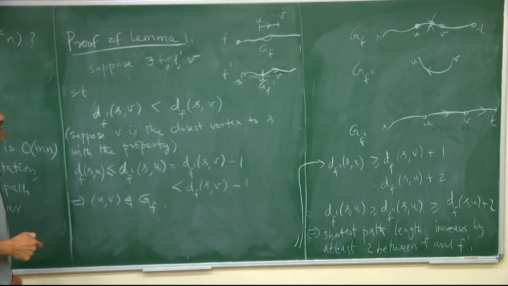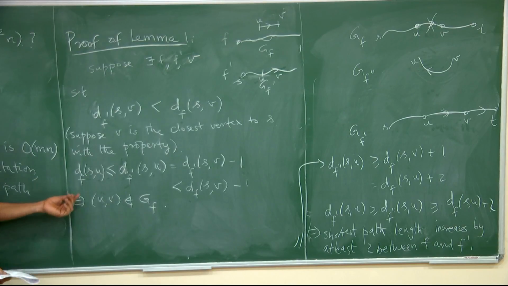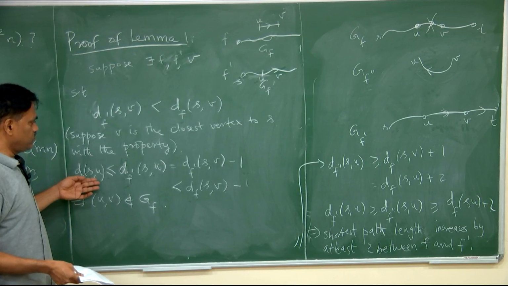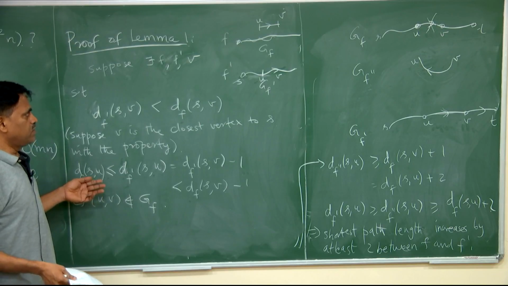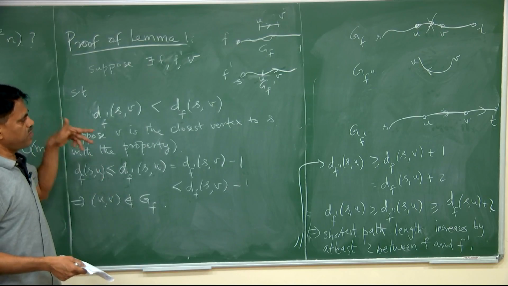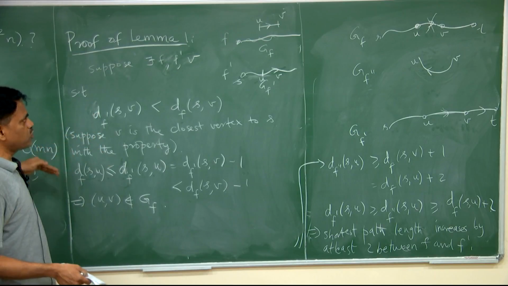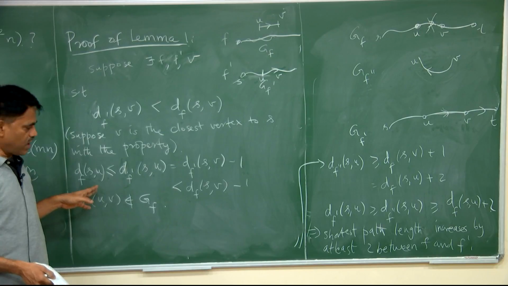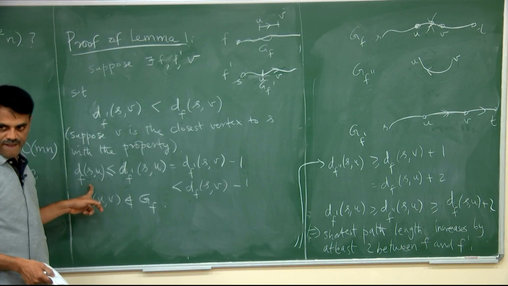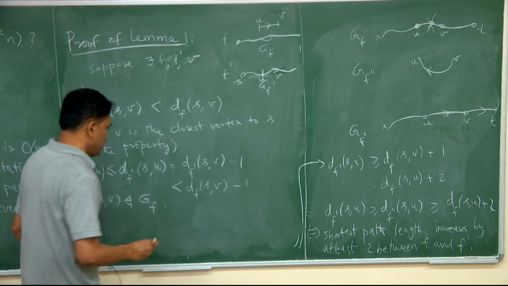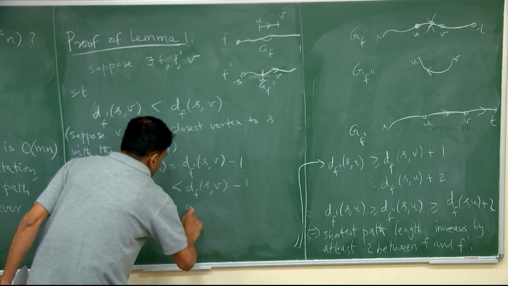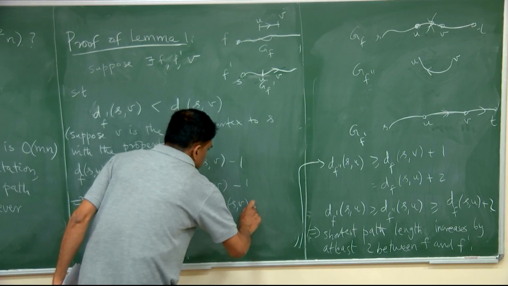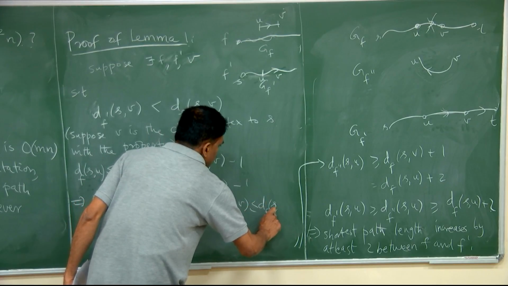Why? Because if it had been there, the shortest path from S to V would be less than or equal to shortest path from S to U plus 1, right? We have that it is actually opposite, as otherwise dfsv would be less than or equal to dfsu plus 1.